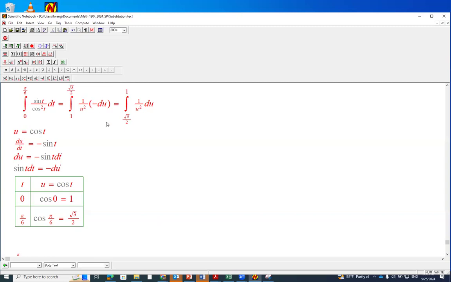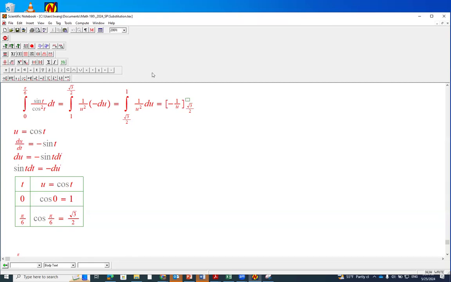Let's generate another negative sign by switching from A to B to B to A. So now we're almost done. What is the antiderivative of 1 over u squared? It's negative 1 over u. Use the power rule. You get a negative 1 over u. Evaluate at root 3 over 2, right? And at 1.